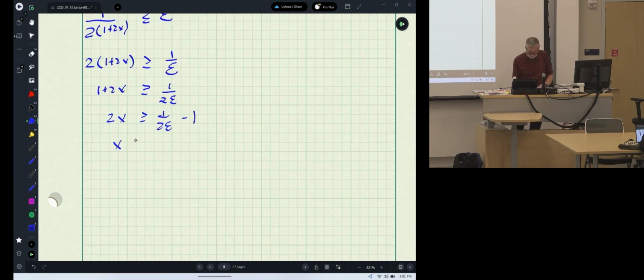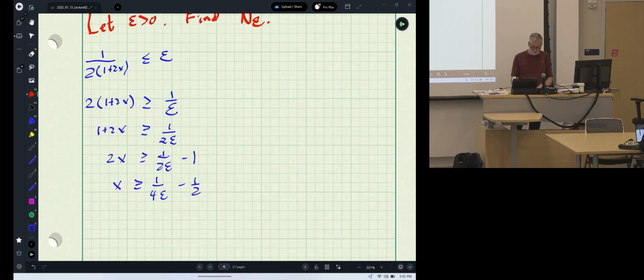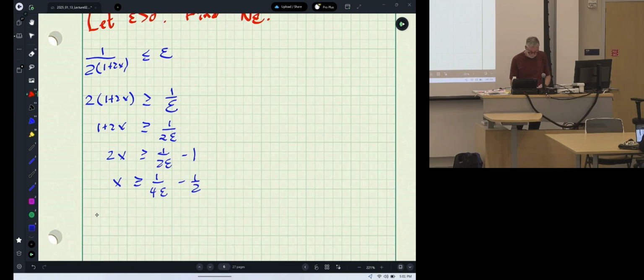And we get x has to be larger than 1 over 4 epsilon minus a half for this inequality to hold. And so that gives us n epsilon is 1 over 4 epsilon minus a half. Whew.